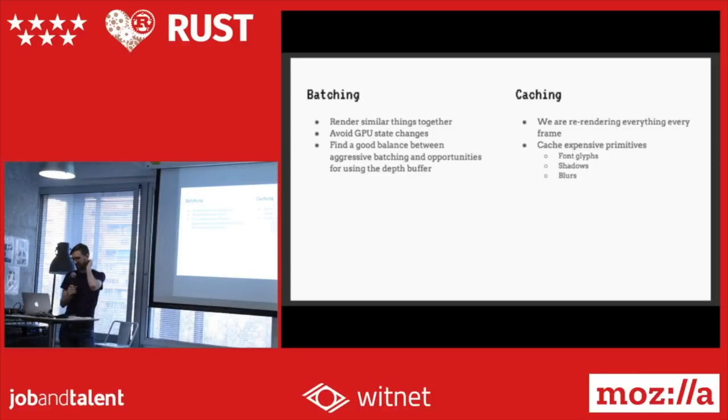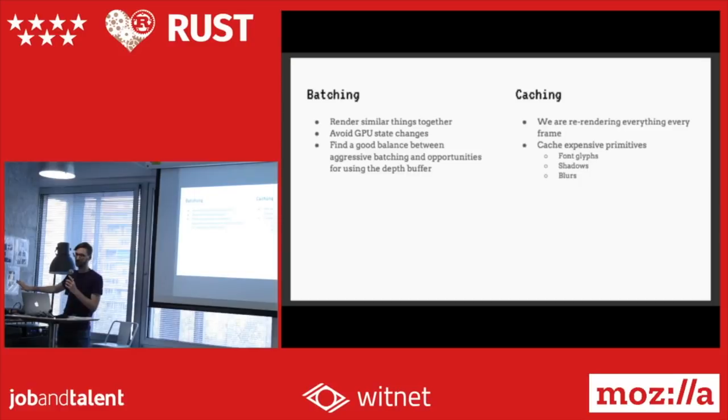But and finally, there's caching. Like I said before, certain things are really expensive to render, for instance, shadows and blurs. And WebRender's in a really good position because it knows that it's going to have to render frames in the future, and that there's some continuity in the display list, something that 2D APIs know nothing about. So it says, I rendered this really expensive thing, it's not going away, I'll just cache the result.